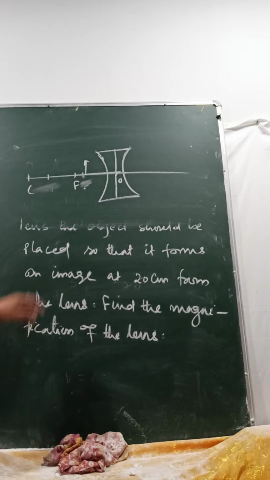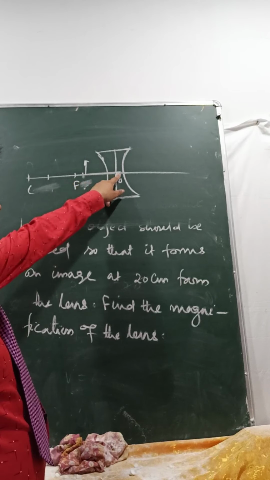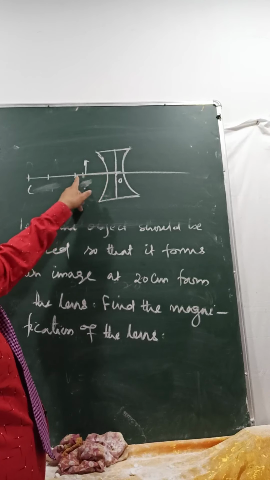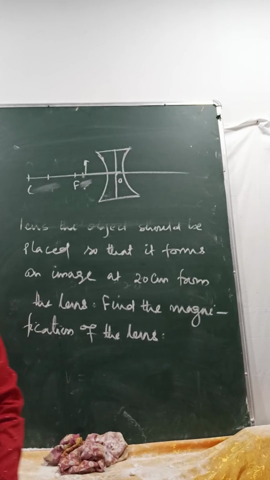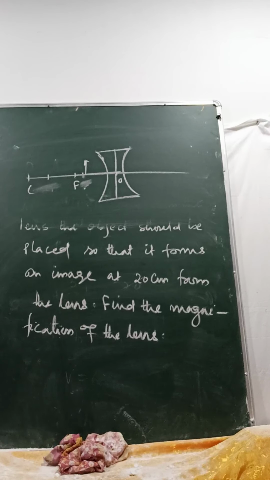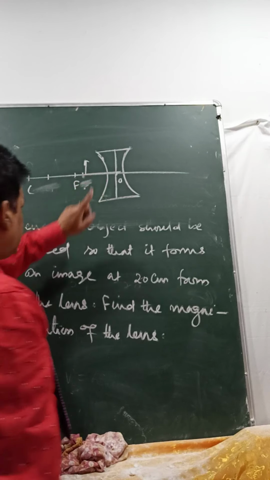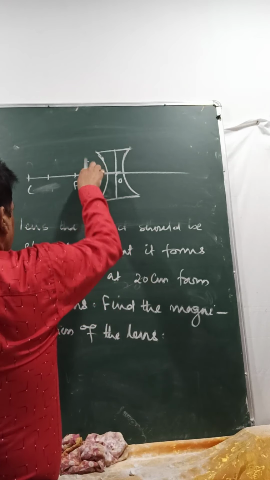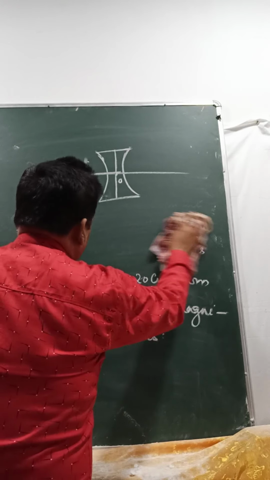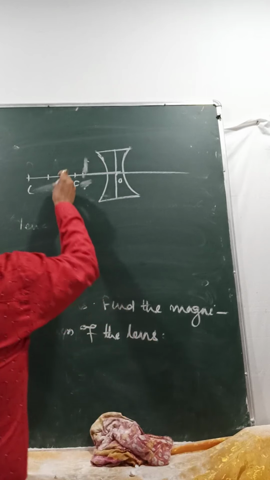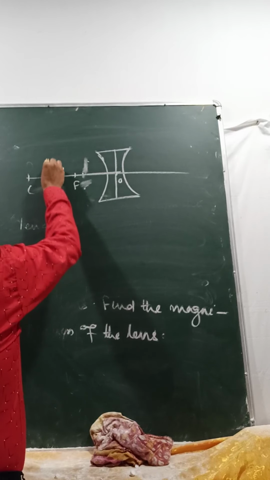Why? Because this is 30, and the object is placed at 20, so it is between focus and optical center. So it forms an image here. Object we don't know. Image distance is given to us. Suppose the object is somewhere here.